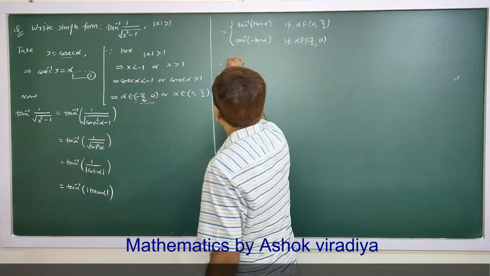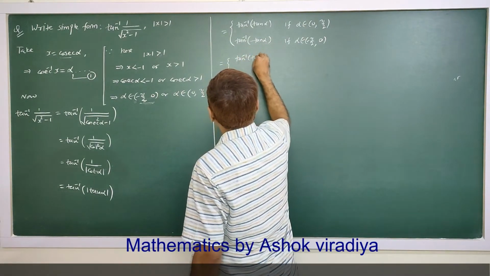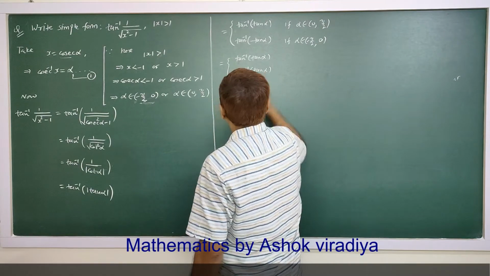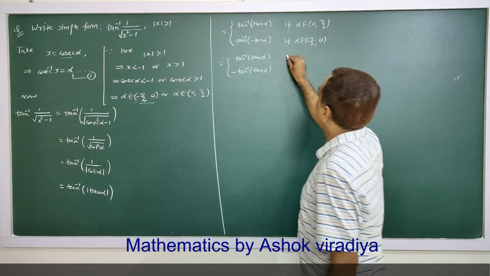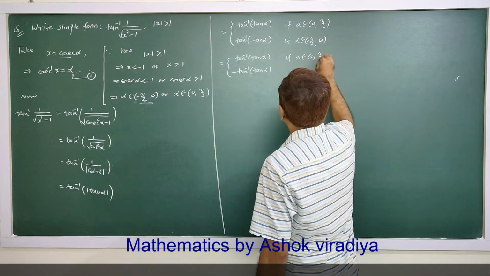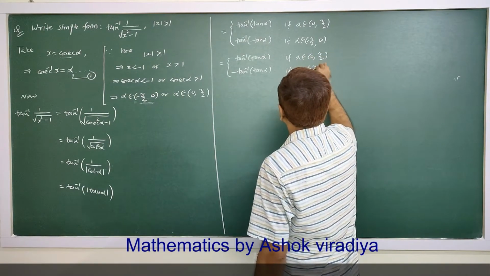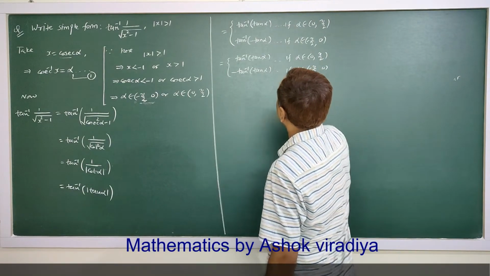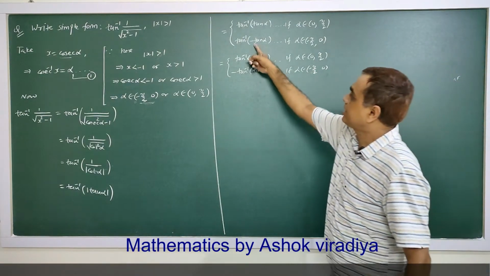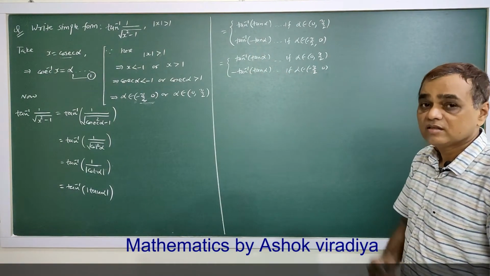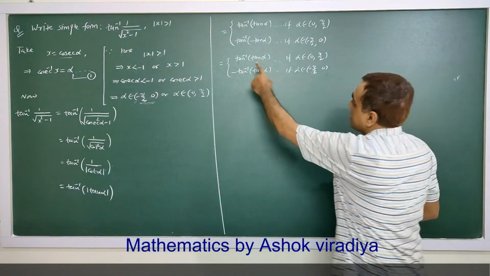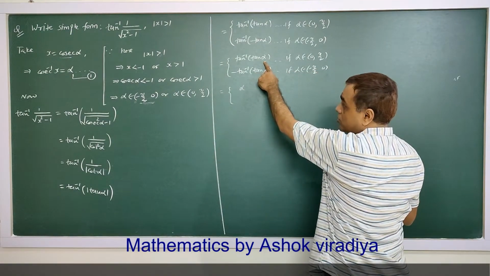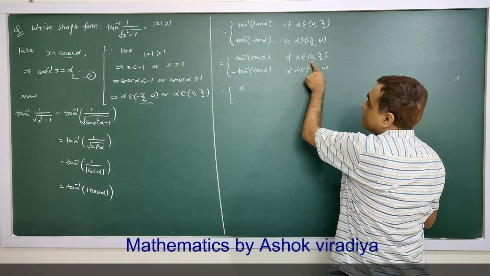Now here, tan inverse tan alpha, minus I am taking outside, tan inverse tan alpha. That is, if alpha belongs to 0 to pi by 2, here alpha belongs to minus pi by 2 to 0. Tan inverse minus x is minus tan inverse x. Now see, tan inverse tan alpha equal to alpha, because alpha is in the domain of tan.